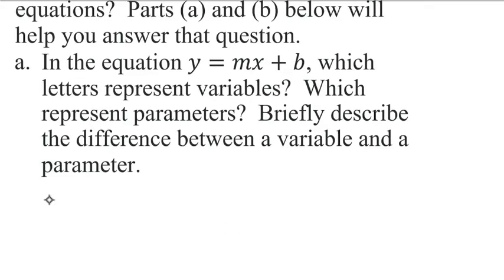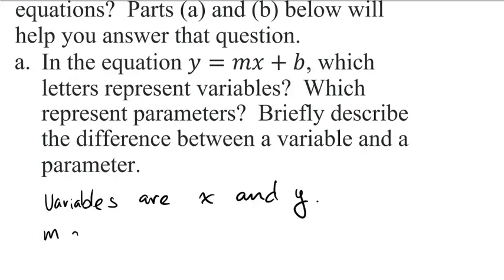So we have two variables, right? Our variables are x and y, right? Once we have a line set up, I can change x, and as I pick different values of x, the line that I have gives me different values of y. So x and y are my variables, m and b are parameters.